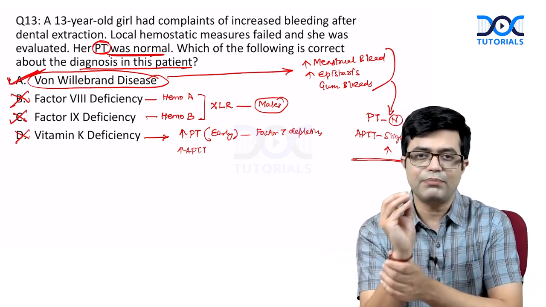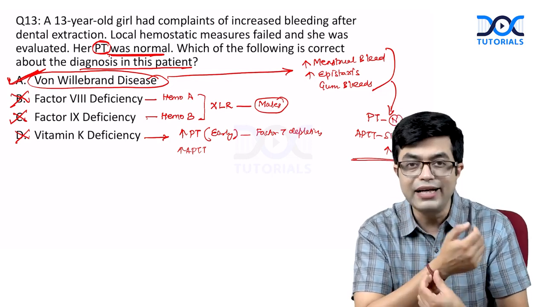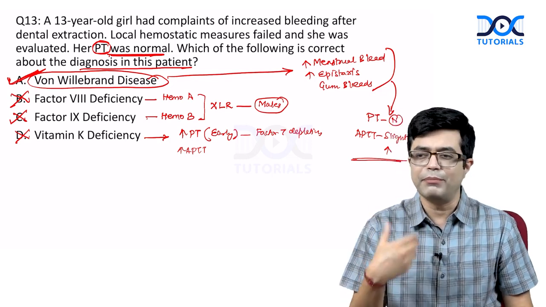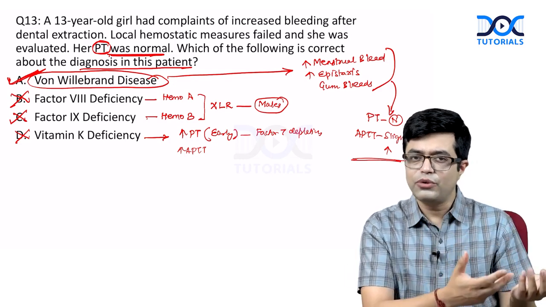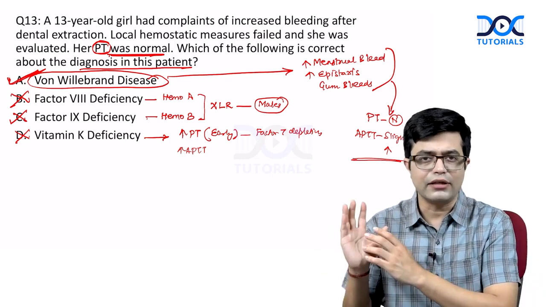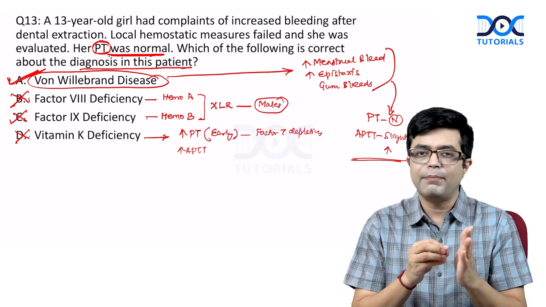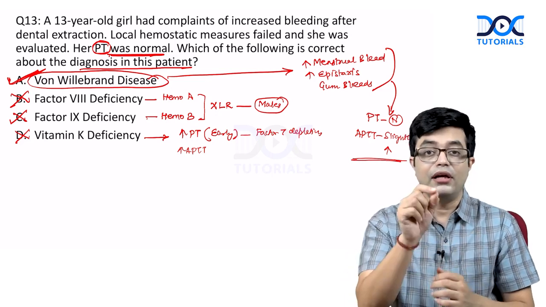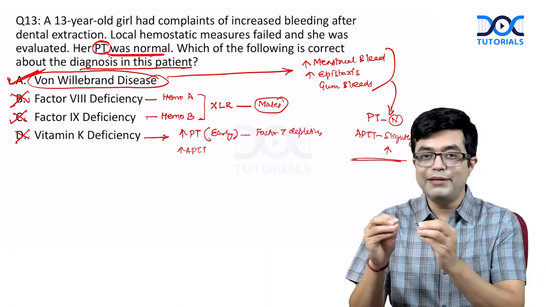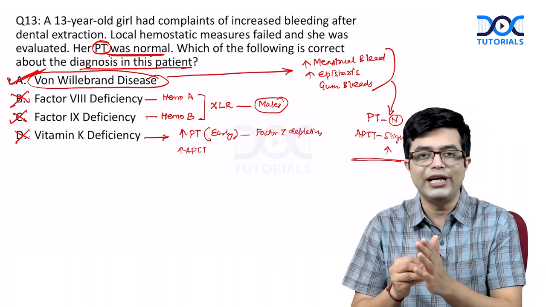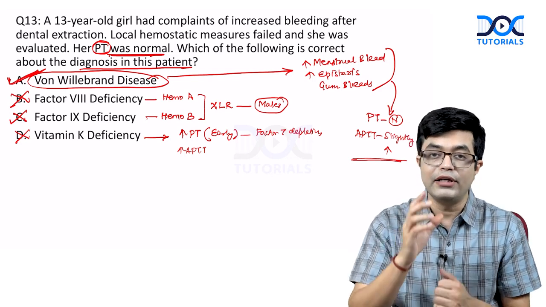Remember, if there is a person, child or adult, who is bleeding with trivial or minimal trauma, or spontaneous bleeding is happening, rule out micronutrient deficiencies, rule out local factors. In case it is petechiae, purpura, ecchymosis, likely to be platelet disorder. In case there is deep bleeding, muscle hematoma, joint bleeding, likely to be hemophilia.